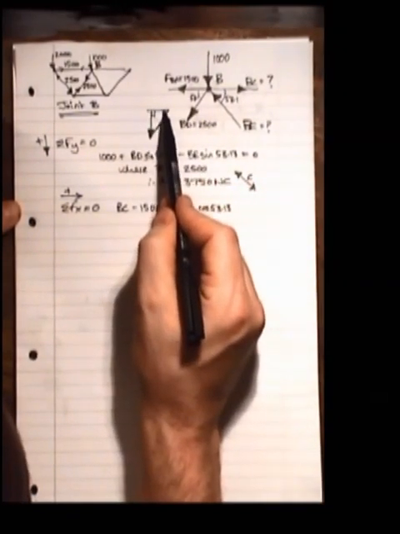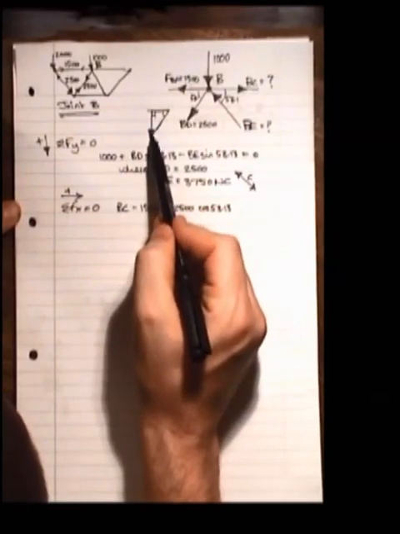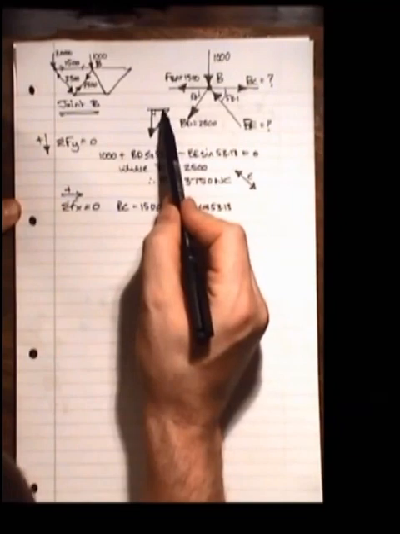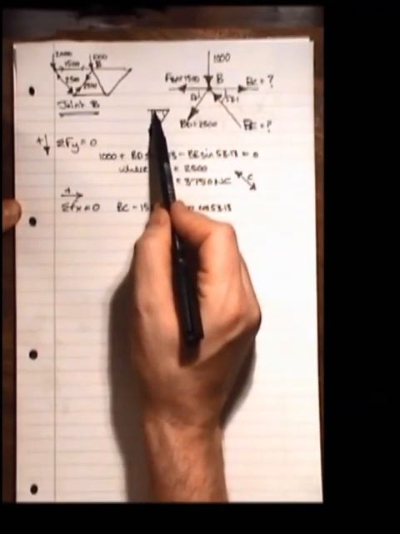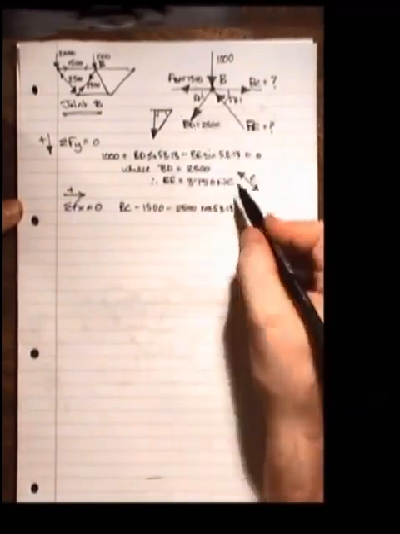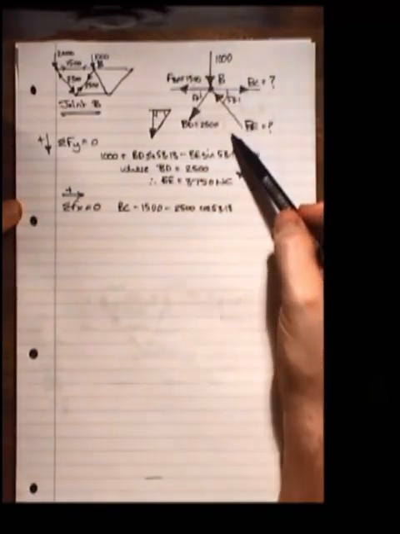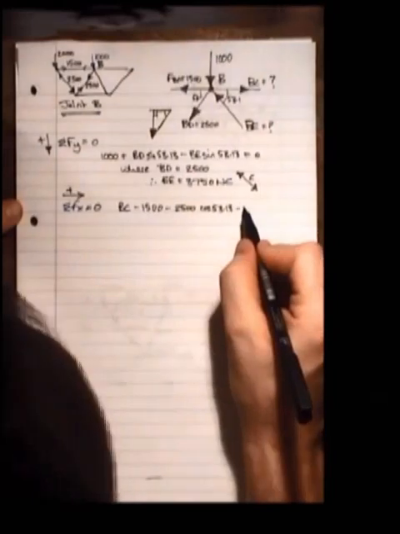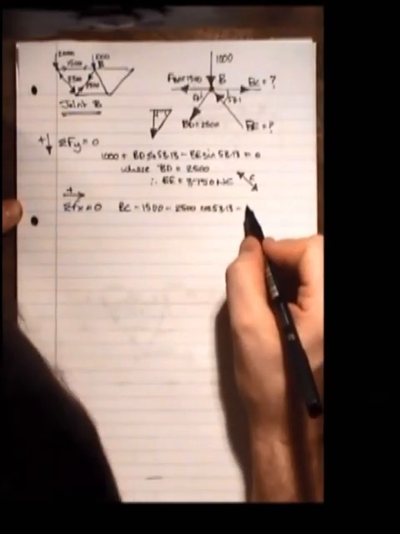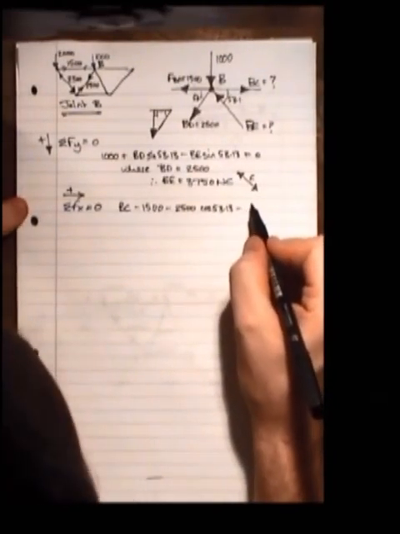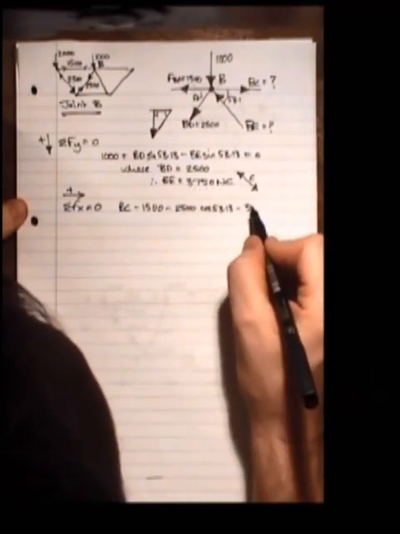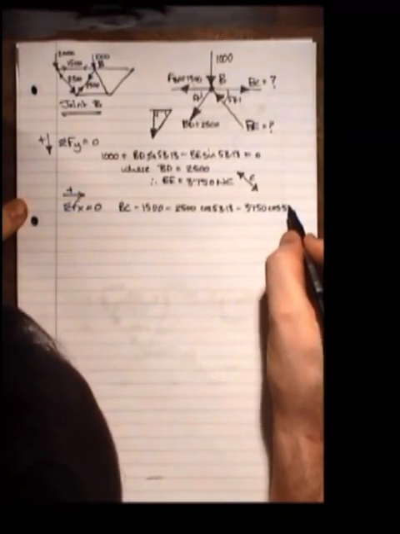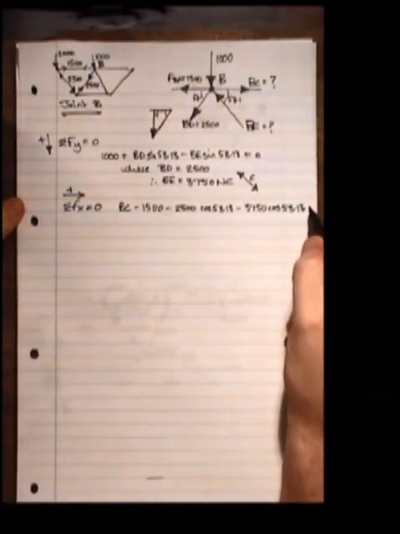So you've got 53 here. It's cosine the angle. So imagine 2500 is the hypotenuse, so it's adjacent. And you also have this BE heading to the left. BE we've just worked out is 3750 cosine 53.13.